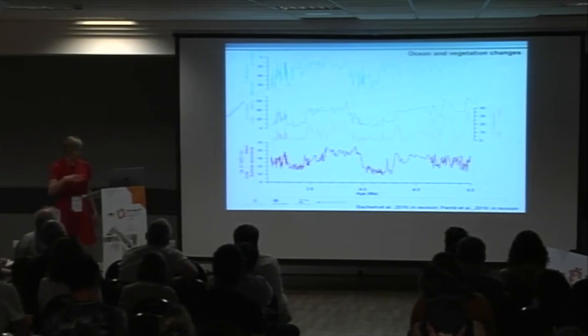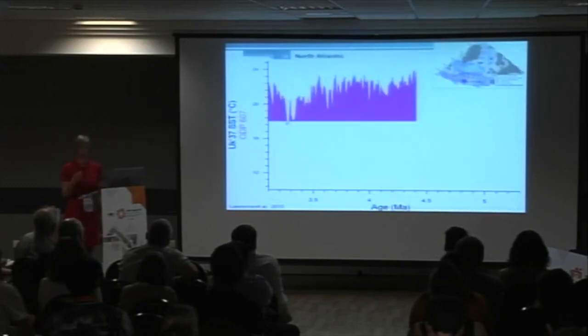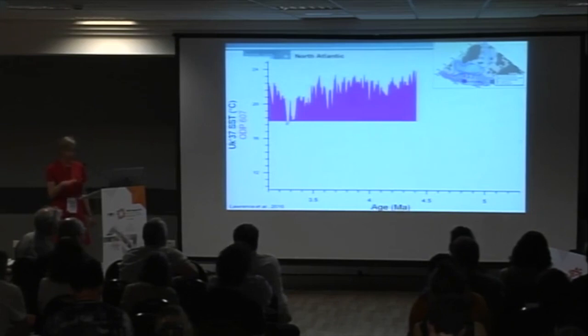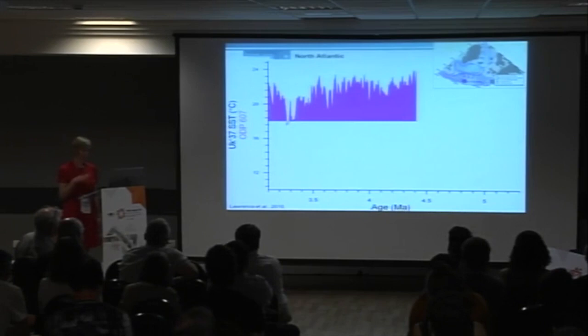As I started out saying, this site is on the northern pathway of the Atlantic current. So next, it's logical to go to the source areas of the warm water masses. This is from the subtropical Atlantic, same proxy, showing continuously warmer conditions throughout the Pliocene, as far back as it goes.